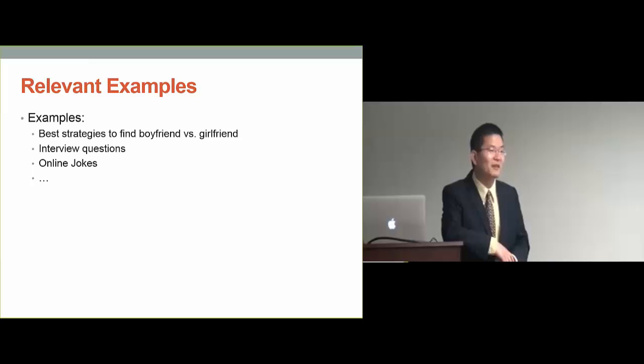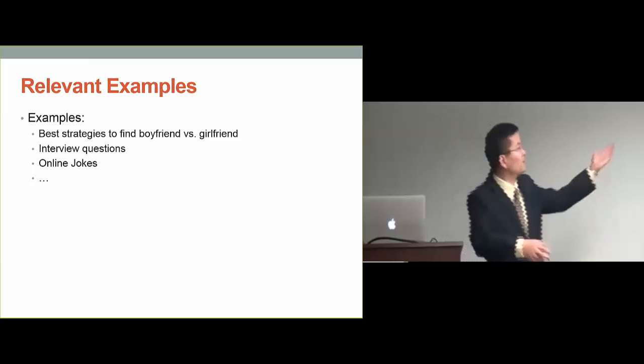One of the problems they always face is how to find a boyfriend or girlfriend. So I tell them, hey, you guys are smarter than other majors, I assume. So what's your best strategy to find your boyfriend or girlfriend?